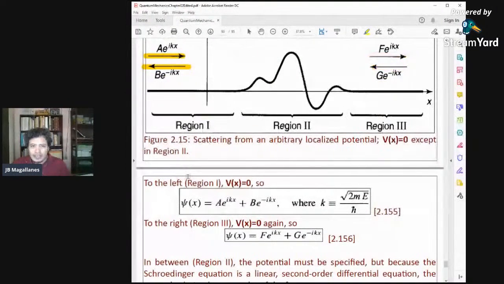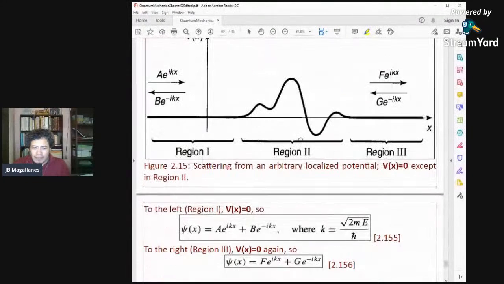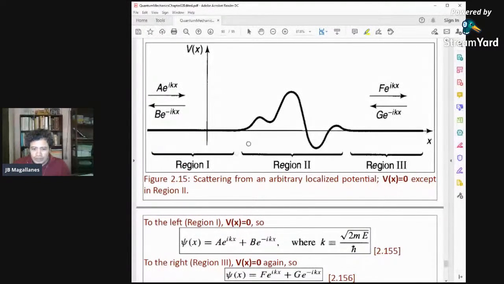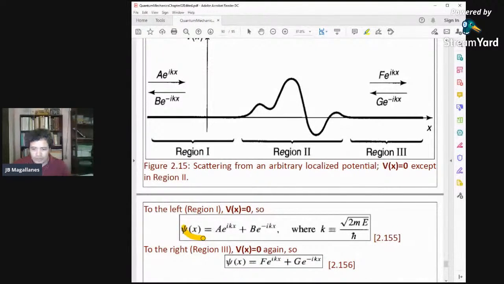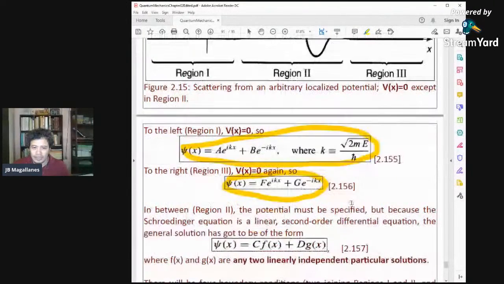If you look at this figure, for region 1, in this region the potential is 0. So you have this solution, and for this region you will have this solution also, where k is equal to the square root of 2mE over h bar squared.